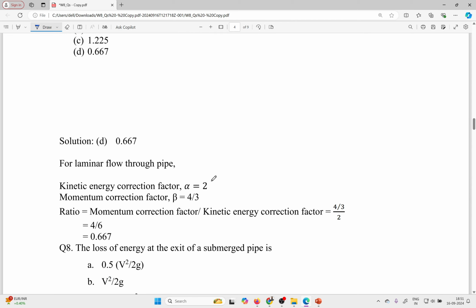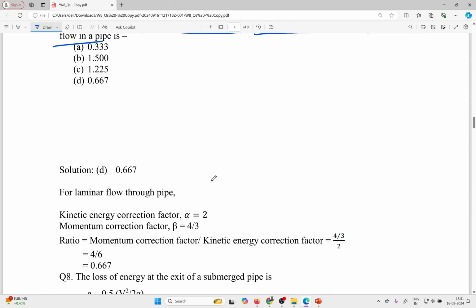So here, for laminar flow in the pipe, your kinetic energy correction factor is 2 and the momentum correction factor is 4 by 3, that is 1.33.